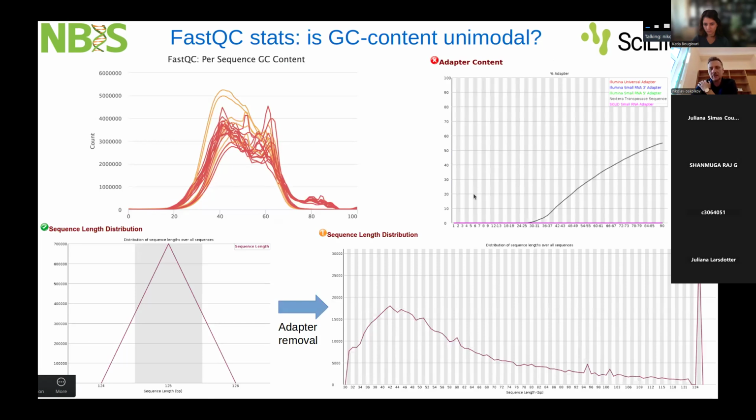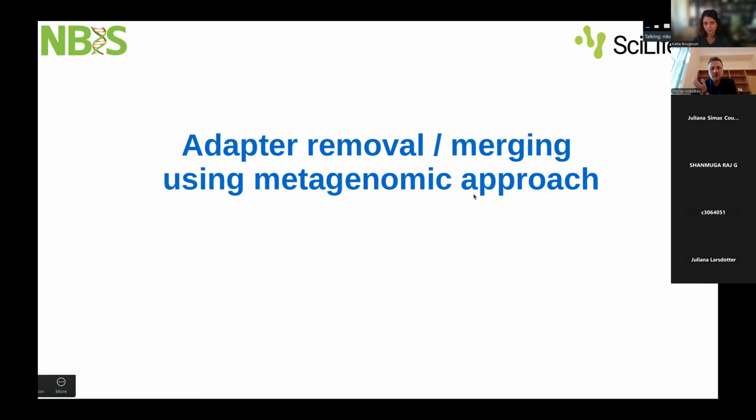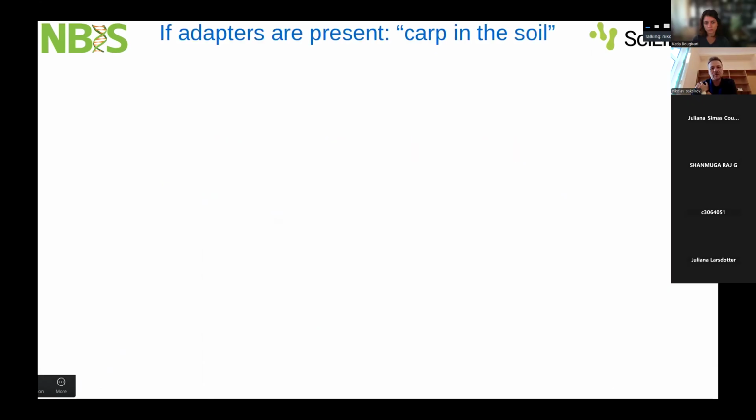You detect adapter presence, and there is another funny example of how you can judge whether adapters are present or absent in your particular sample. There is a nice illustration of this metagenomic mentality related to adapter removal. I call this example the carp in the soil, because you typically see it in metagenomics projects.